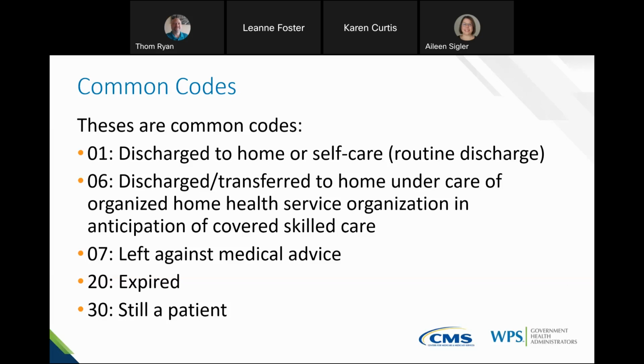So they should have verified with the patient is what Medicare is saying. You want to make sure that you have all of those different types of information. So that's where you're going to look at those two common codes. 07, again, we talked about left against medical advice really briefly, but I do want to remind you, left against medical advice is exactly what it sounds like. The patient no longer wants to be inpatient.